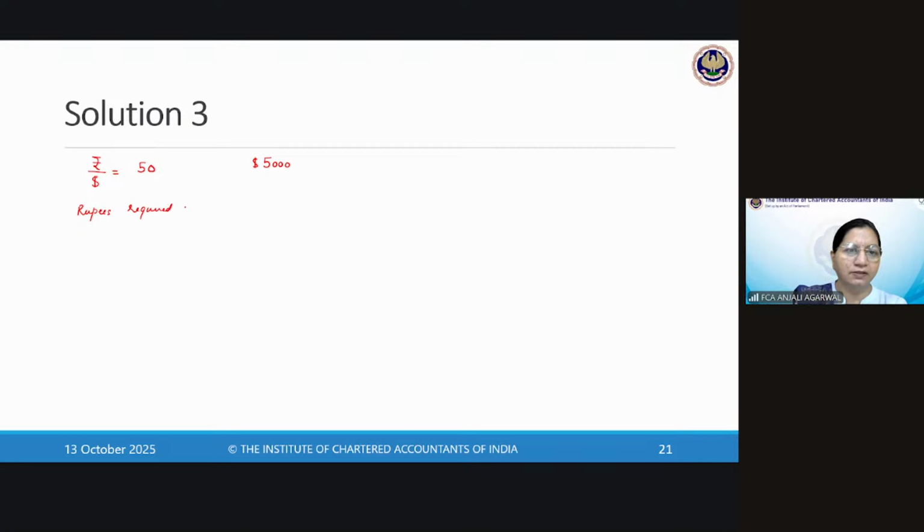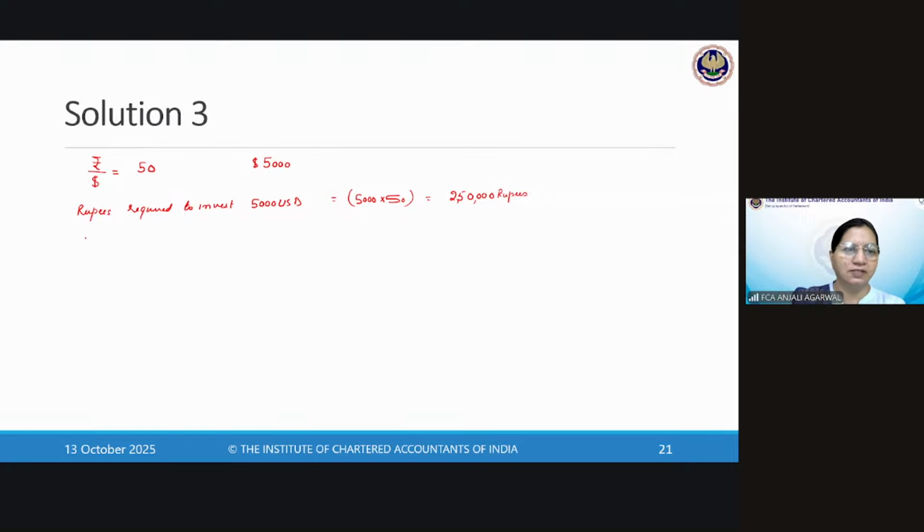Rupees required to invest $5,000: you will need 5,000 into 50, that is 2,50,000 rupees. So you go and get 2,50,000 rupees, convert it into USD, you get 5,000.